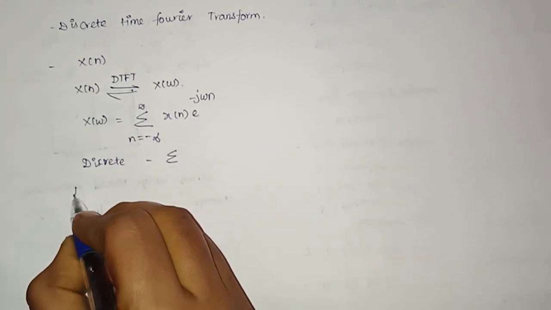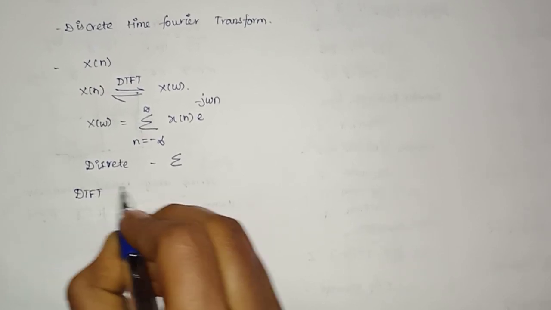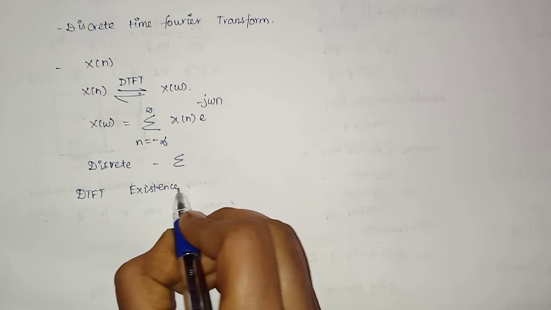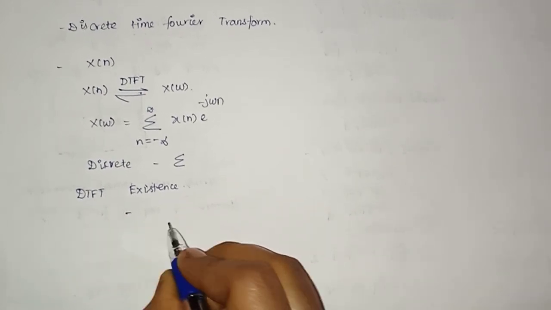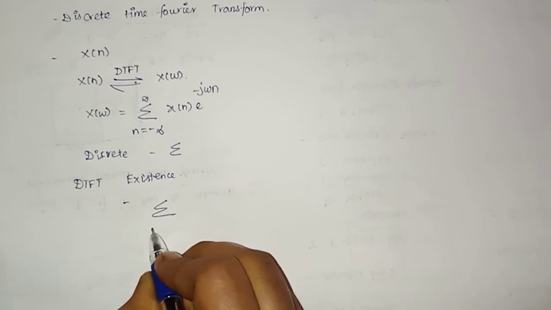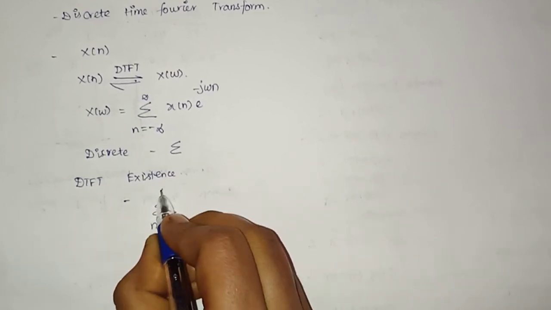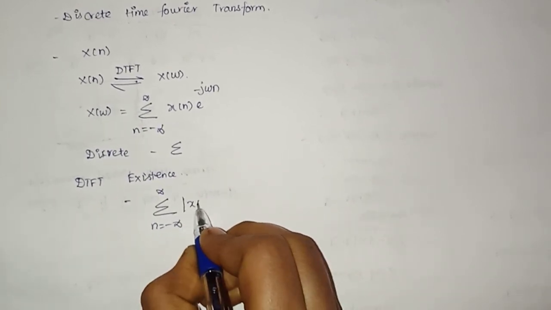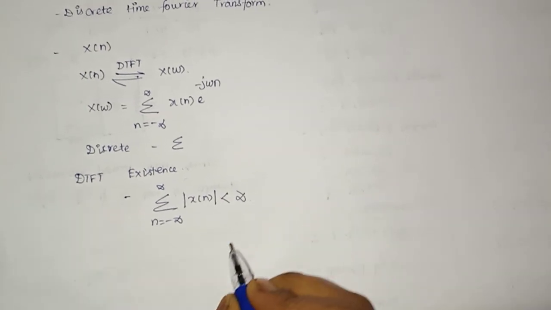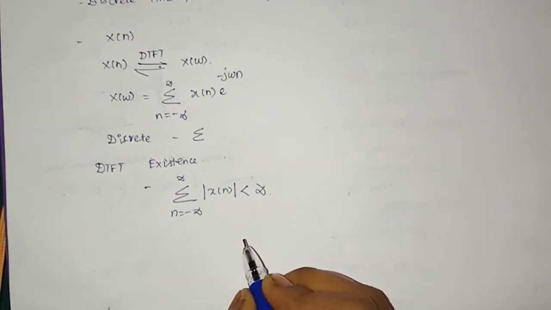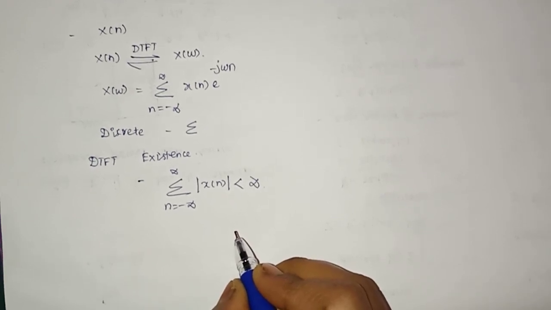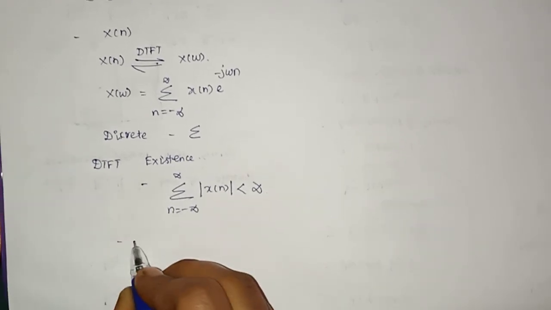Next we move to DTFT existence. Under this, there are 3 points you have to remember. Firstly, the Fourier transform of a discrete time sequence x of n exists only if x of n is absolutely summable. That is, summation of n equal to minus infinity to infinity of modulus of x of n is less than infinity.